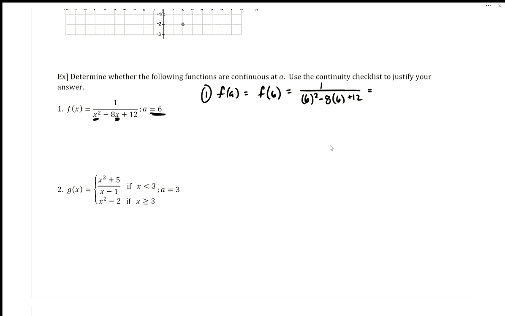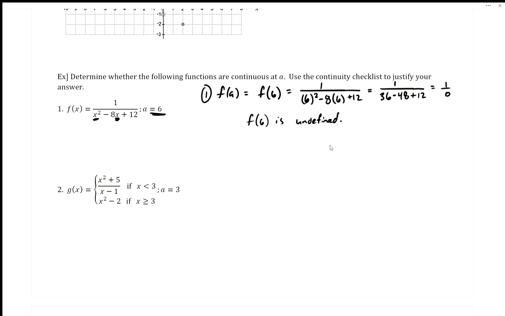Let's simplify. 6 squared is 36, negative 8 times 6 is minus 48, and then plus 12. 36 minus 48 plus 12 is 0. So we have 1 over 0, which is undefined when evaluating functions. So f of 6 is undefined.